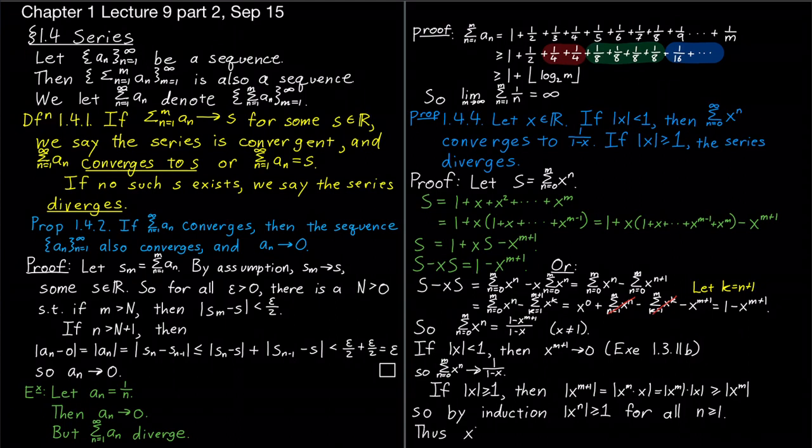Thus, x to the n is not allowed to converge to 0. It can't be a sequence that converges to 0. So by the very first proposition in section 1.4, our sequence of x to the n's diverges.